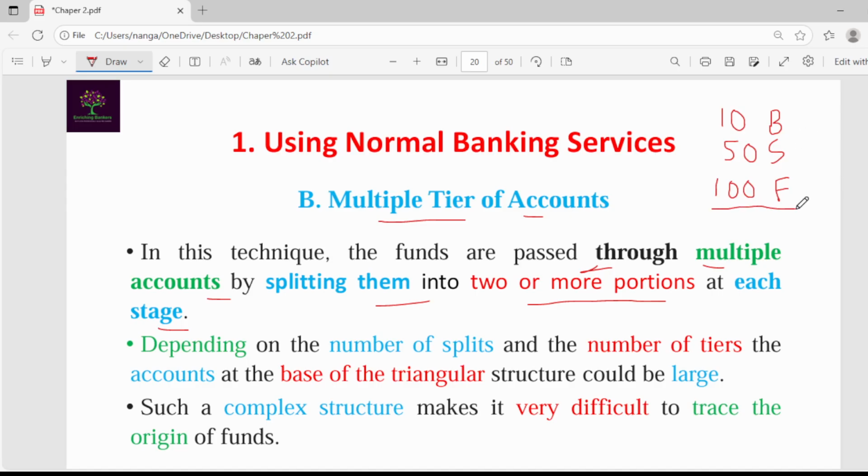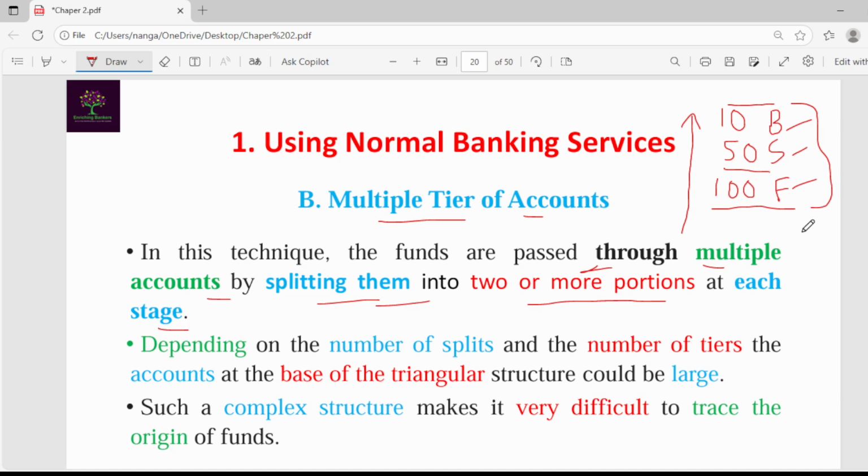This tier belongs to farmers' accounts, this tier belongs to salaried persons' accounts and this tier belongs to business persons' accounts. Funds are passed through these 160 accounts, and these accounts are splitting into 2 or 3 portions. Here 3 portions are made.